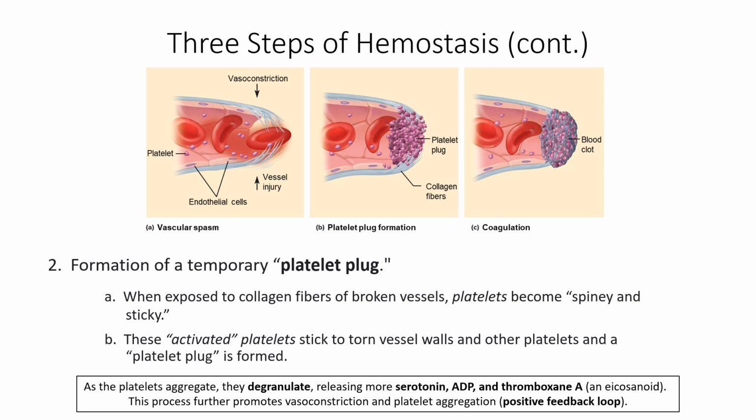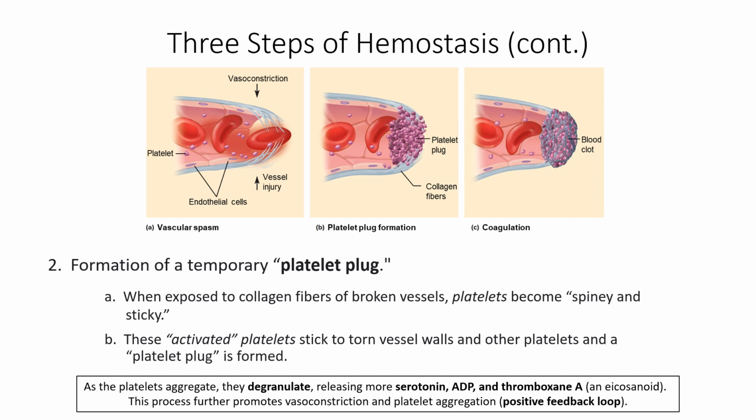So as these activated spiny and sticky platelets aggregate, they also continue to degranulate. If you remember, we talked about granulocytes, meaning cells that contain granules. Well, platelets contain granules. And when they degranulate, what that means is they release the granules from their cells.